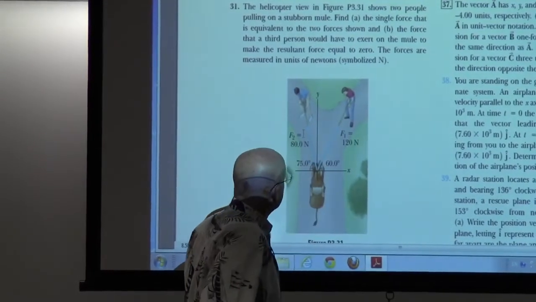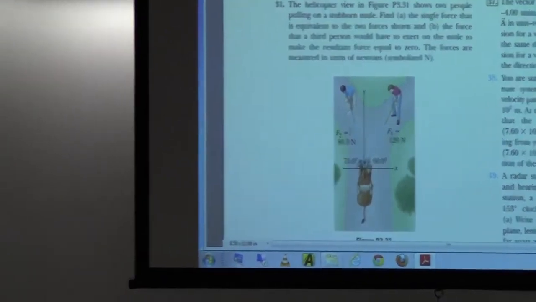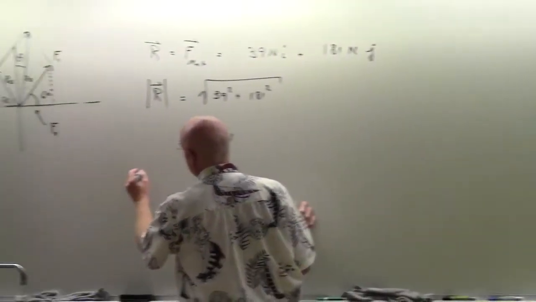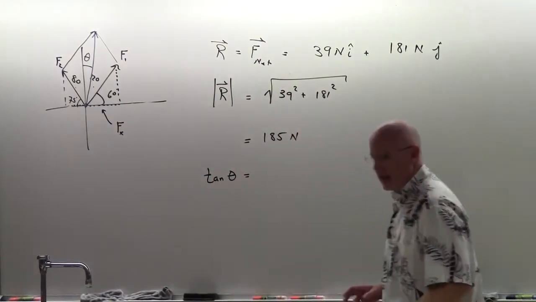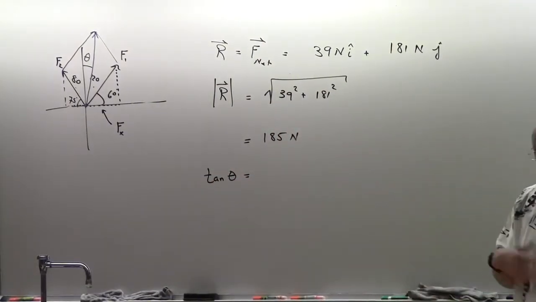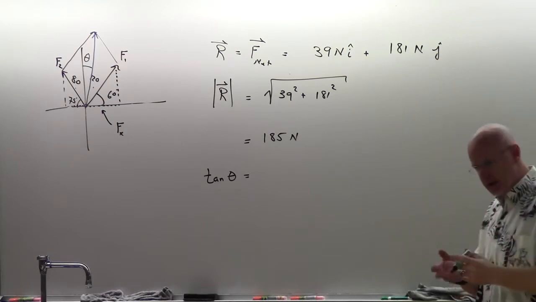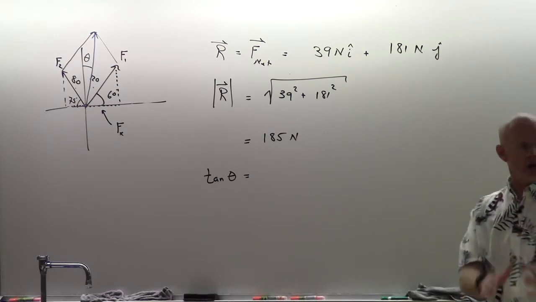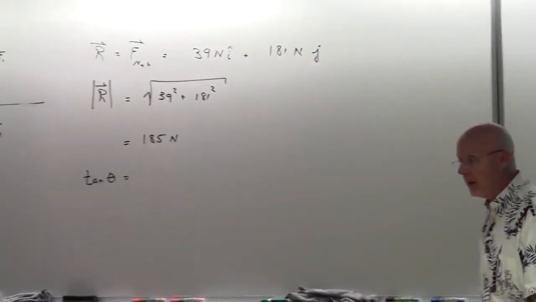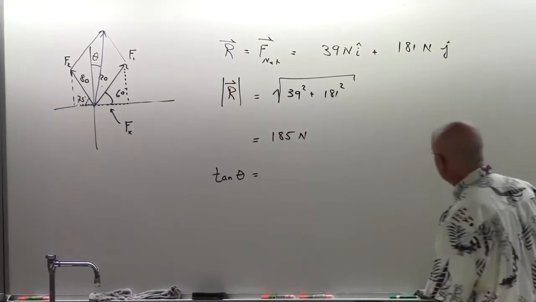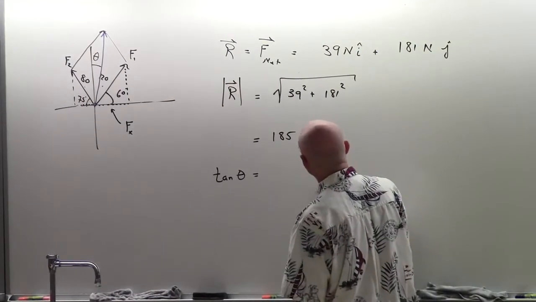So here I can look at the tangent of theta to say, okay, how much are we pulling this? 185. What angle is it? Well, it's not quite straight north, or the Y direction. It's a little bit to the right of the Y direction.